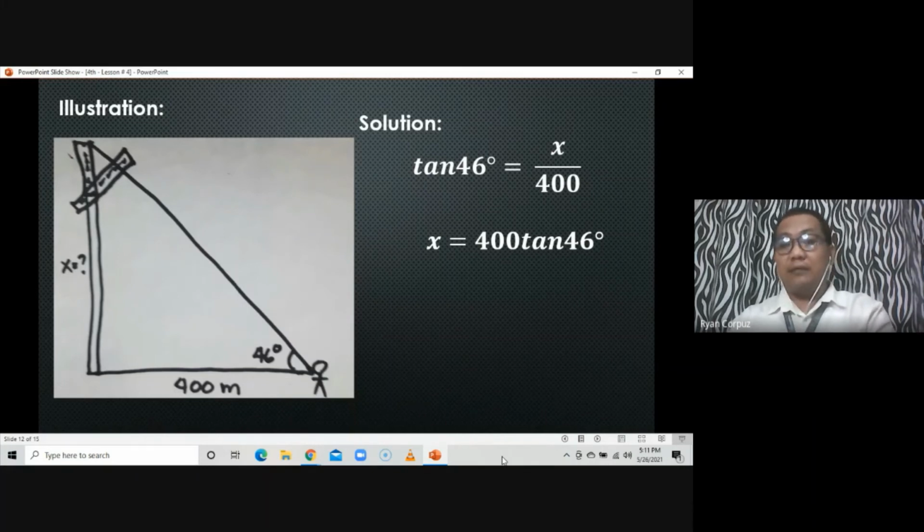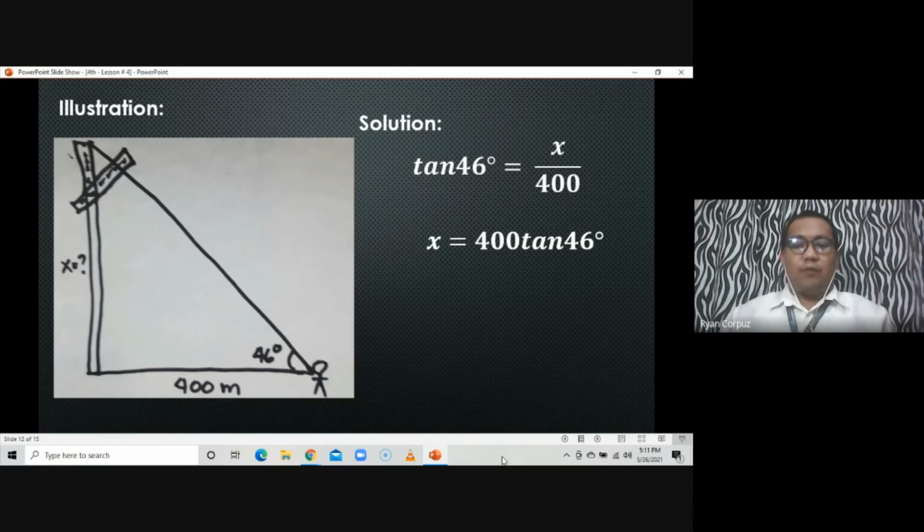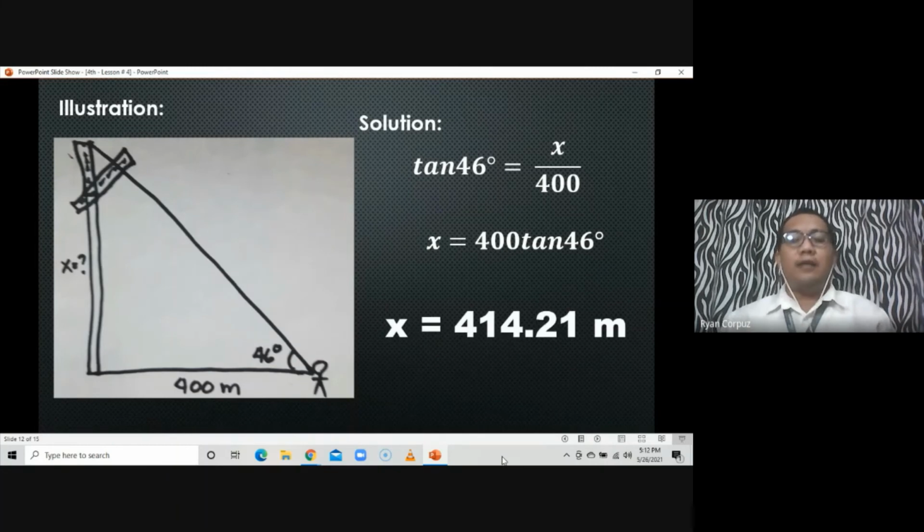So we just add pressing the times. Some scientific calculators do not automatically read that when we write 400 tangent 46 we are pertaining to multiplication. That's why we have to press the times operation first before pressing tangent 46 degrees. If you follow what I've mentioned, you'll come up with the value of x, which is equal to 414.21 meters.